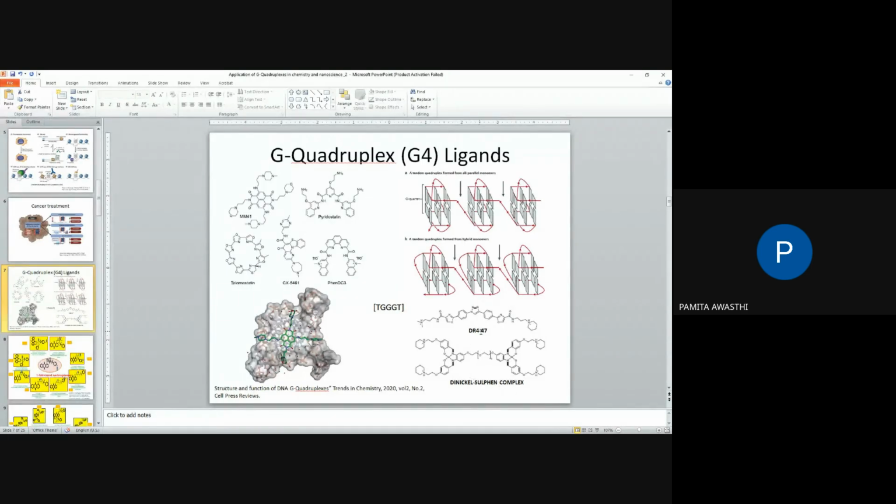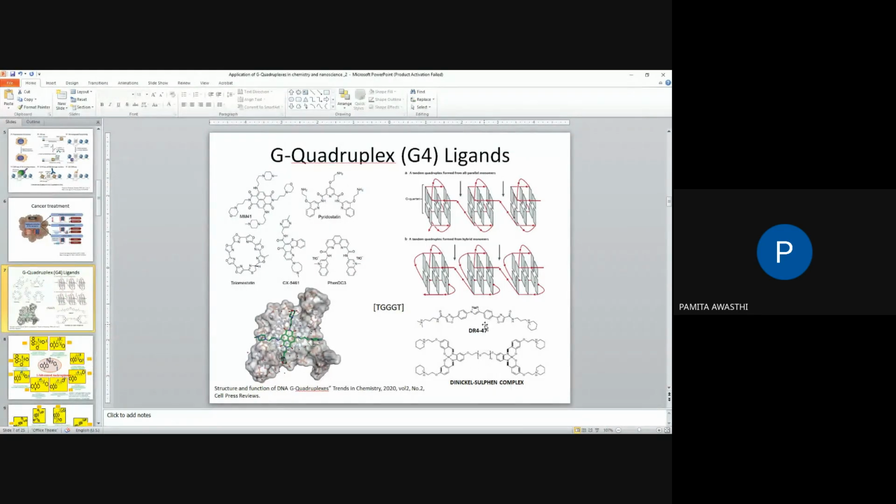So the two molecules, that is the DR47 and dinickel sulfene complex, the DR47, they show the preferential thermal stabilization of G4 dimers, and they are showing a greater preference for dimer as well as trimer in comparison to the monomer.